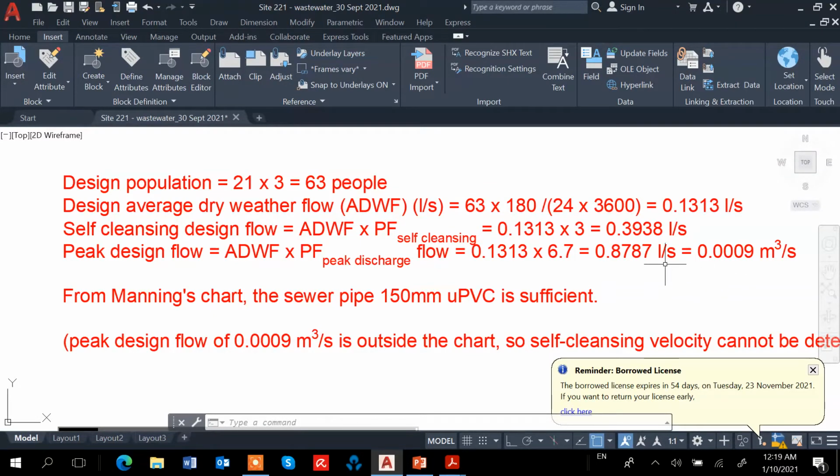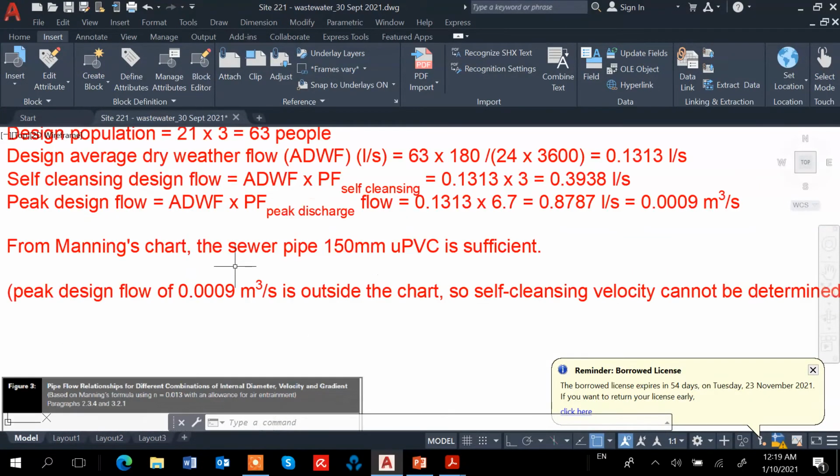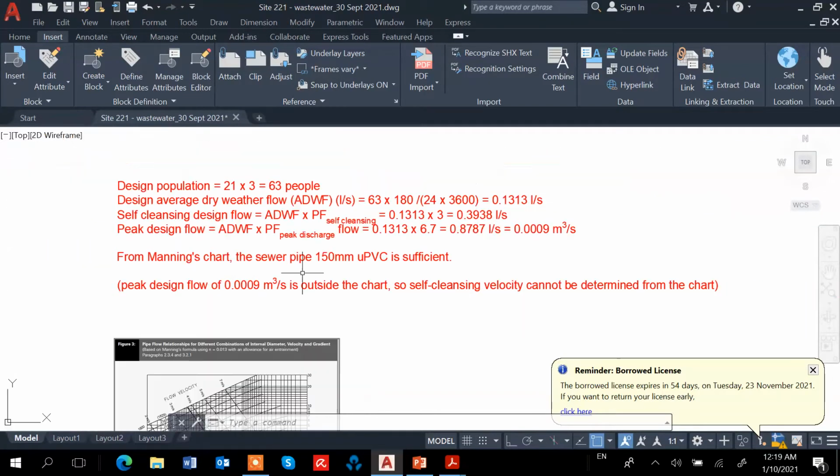So 1 cubic meter equals 1000 liters. This 0.8787 divided by 1000 gives us 0.0009 cubic meters per second. So from the charts, the 150 UPVC sewer pipe is sufficient.